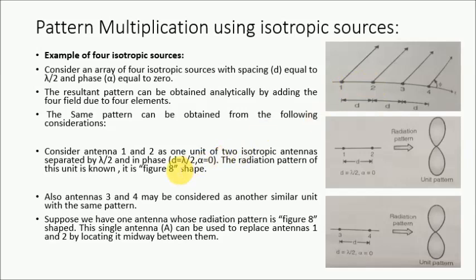Now similarly we have the remaining two elements, that is 3 and 4. If you consider elements 3 and 4, the distance between 3 and 4 is again d, and d is lambda by 2 with alpha equal to 0. So in the case of 3 and 4, we again get the same figure 8 pattern.